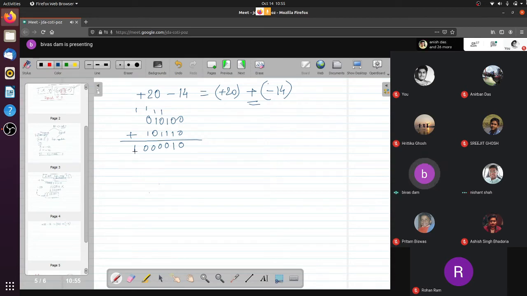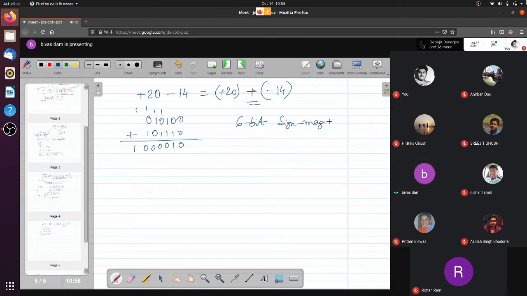Remember, the width of the number system that you are using is 6 bits. After finding out that to represent plus 20 we are requiring 6 bits, that means as if now you have a 6-bit sign magnitude number system.